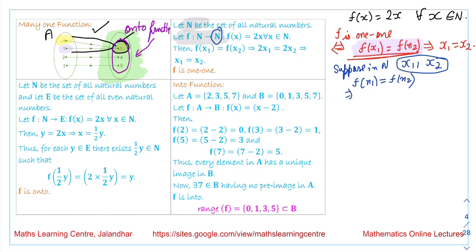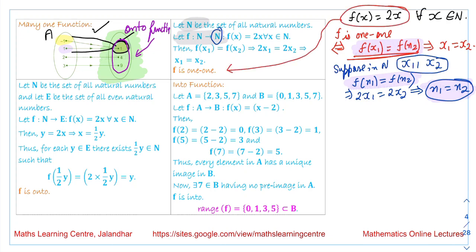By the definition of the function, this gives 2 times x1 is equal to 2 times x2, and this implies that x1 is equal to x2. It means if the image of two elements is the same, then those two elements are the same. So this function f is a 1-1 function.